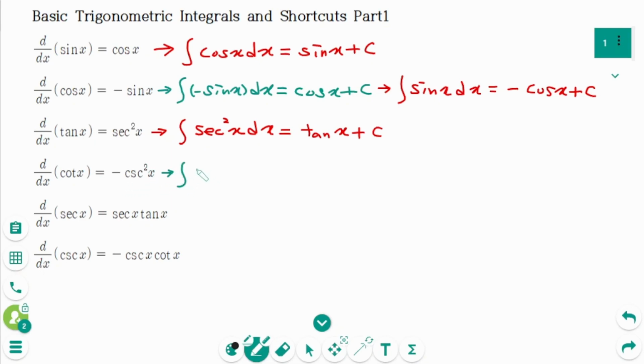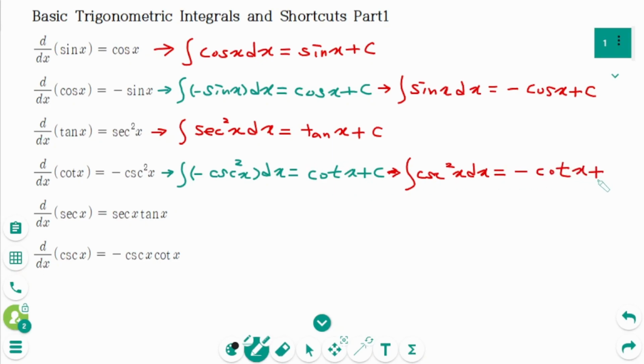So integral of minus cosecant squared x dx equals cotangent x plus c. Then times minus 1 on each side. Integral of cosecant squared x dx equals minus cotangent x plus c.